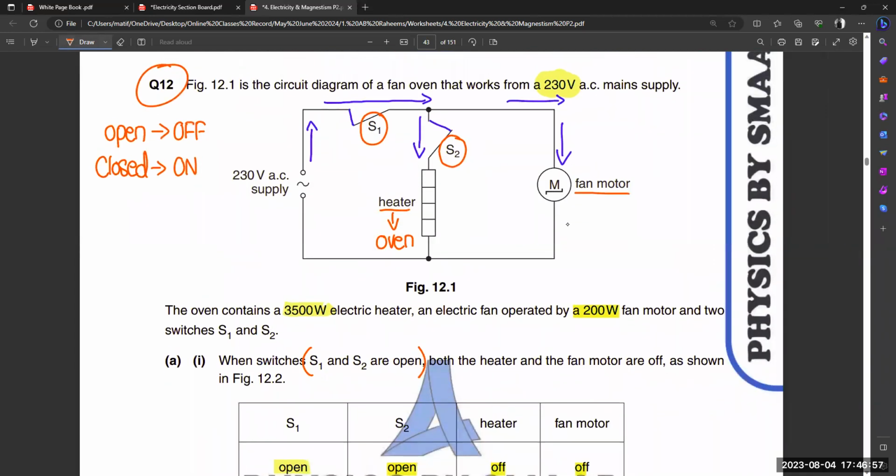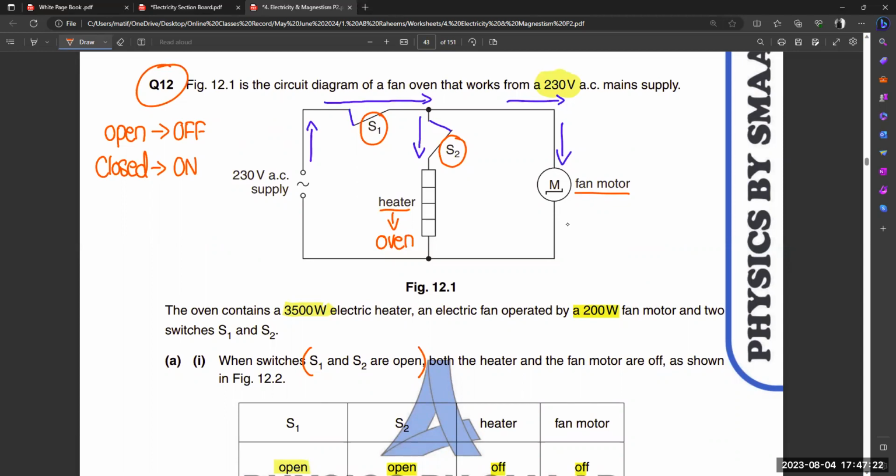Actually, if you consider the whole circuit, this is a complete circuit of one single device, right? The purpose of the heater is to provide thermal energy or heat energy, right? And the fan motor works like an exhaust fan, so it throws out the additional thermal energy from the circuit. So your circuit will not heat up and it will not melt or blow out, right?